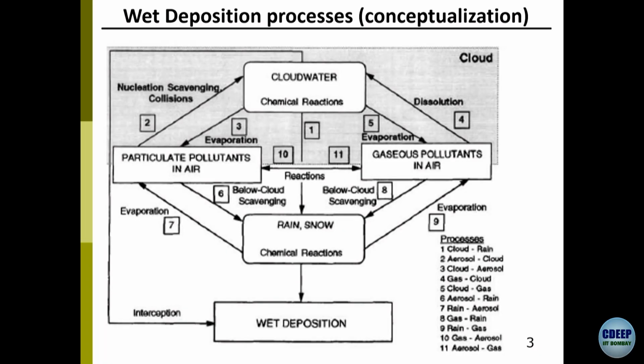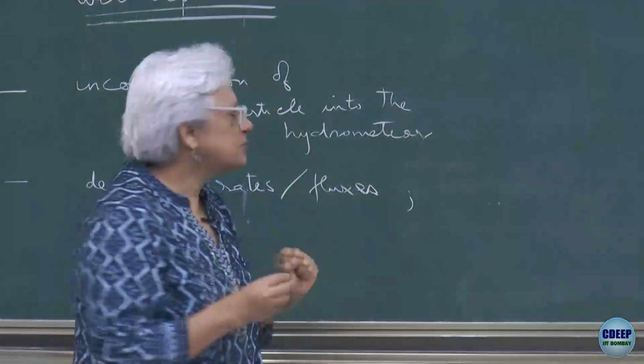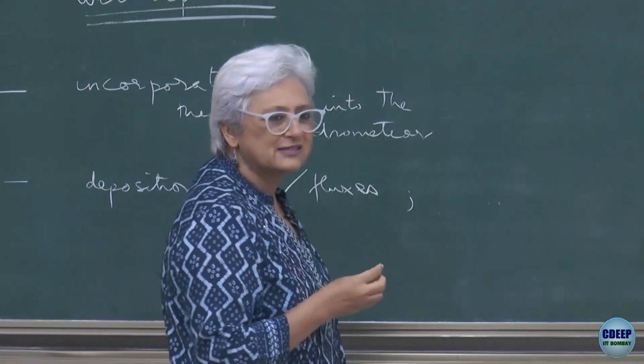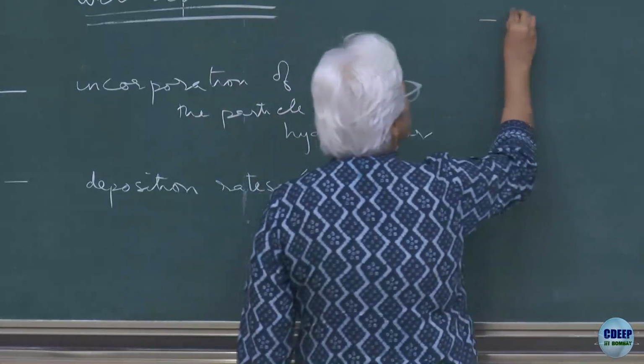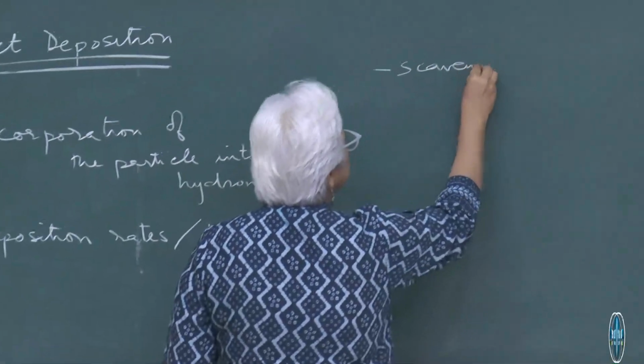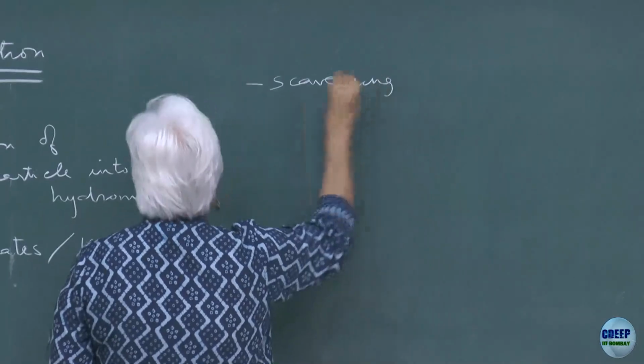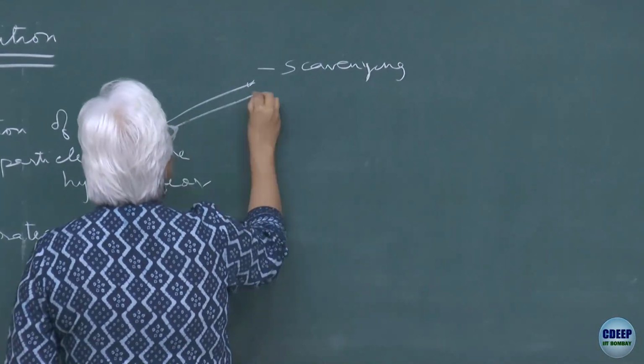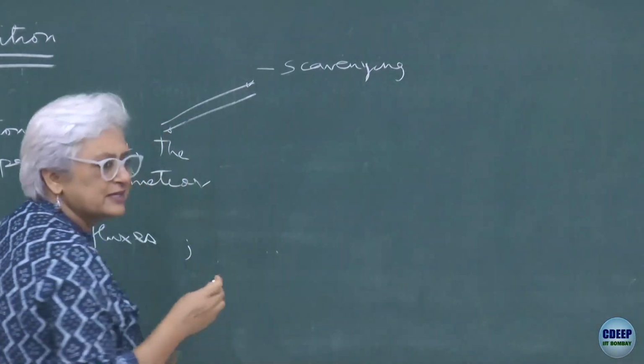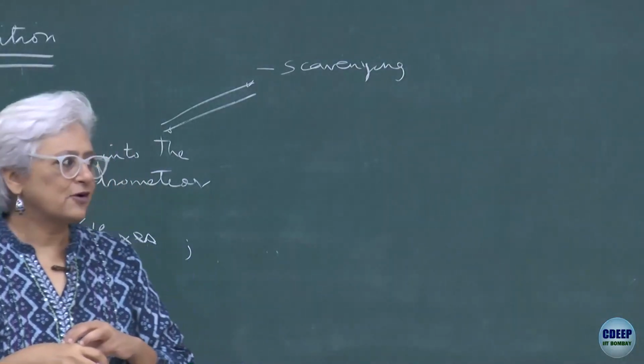But here there are 2 or 3 different types of words that are used. One is called scavenging. Scavenging is the incorporation part of it, okay. So scavenging really means how did the particle get incorporated.